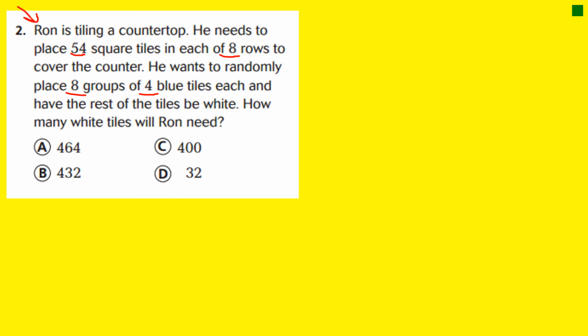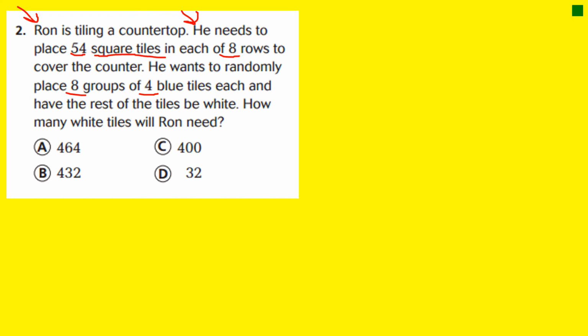Here we go. We're going to read it. Ron is tiling a countertop. Okay, so you guys have, you know, like your shower walls have tiles on them. Sometimes your countertops have tile on them. They're usually, oh yeah, look, they are square. I was going to say they're usually square, but it says it right there. Okay, here's what I'm reading.